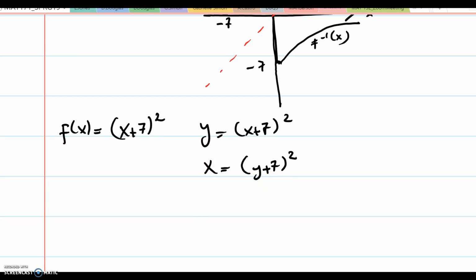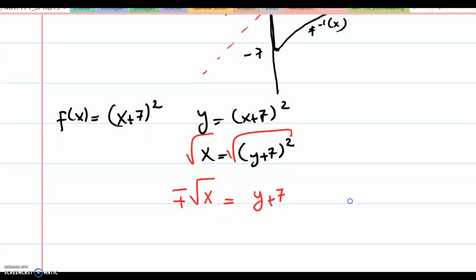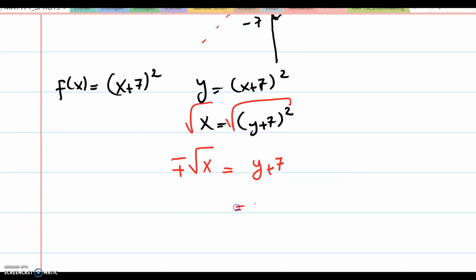So we take the square roots of both sides. Then we're going to end up with square root of x equal to y plus 7. However, I'm going to have here plus or minus square root of x, right? And then y will be equal to negative square root of x, -7.